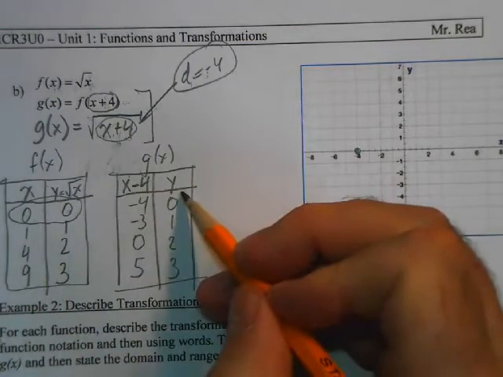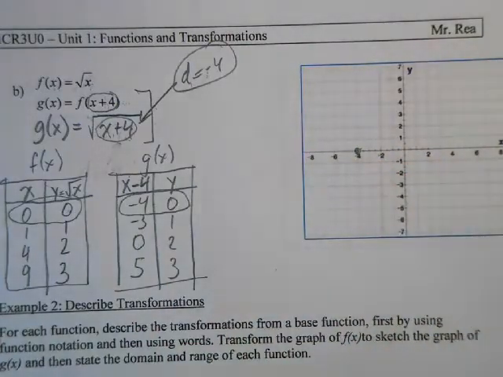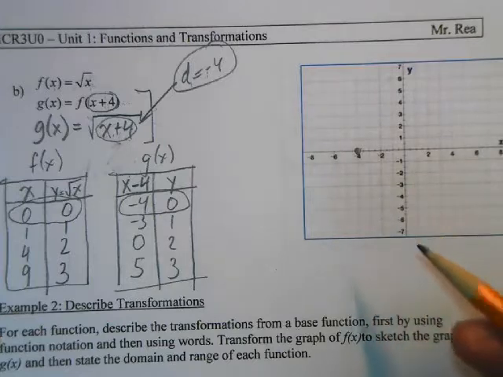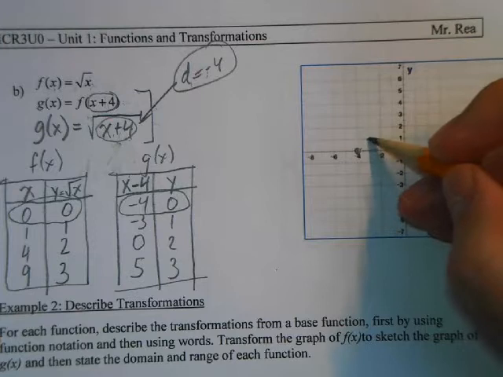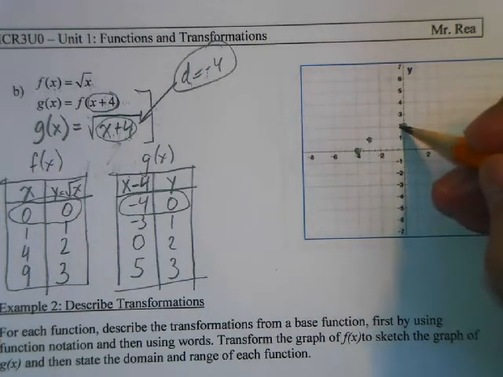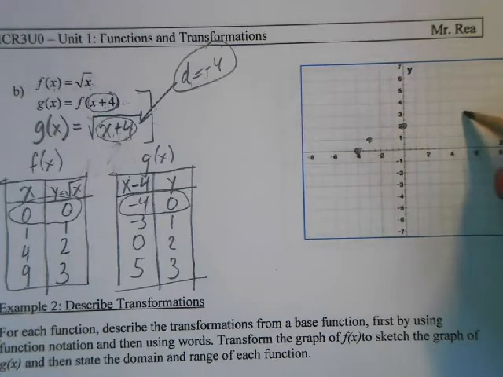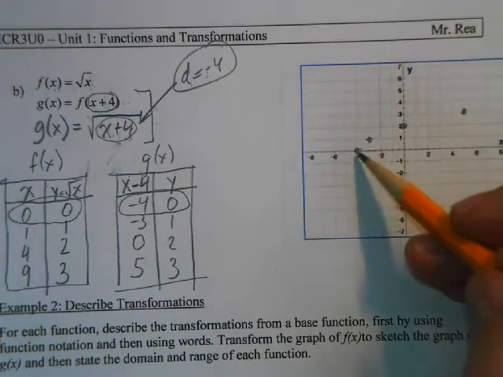So when it transforms, it's still the endpoint, and the curve is going to end right there. Then I had negative 3, 1, 0, 2, and 5, 3. It keeps going in this direction, but it stops right here.